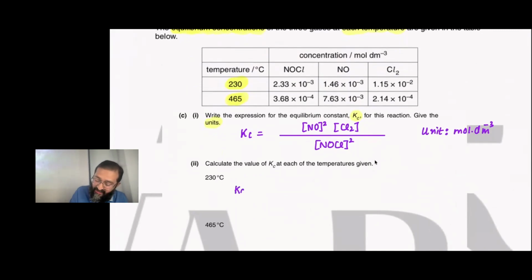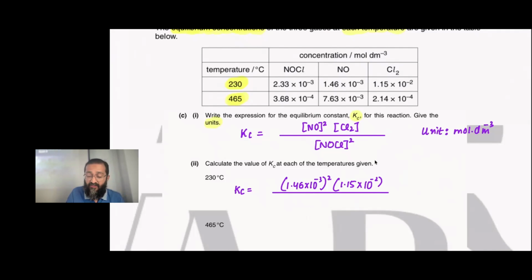So Kc for 230 is equal to: the value of NO is 1.46 exponent minus 3, squared, times the concentration of chlorine, 1.15 exponent minus 2, over the concentration of nitrosyl chloride, NOCl, 2.33 exponent minus 3, but I need to put the square.